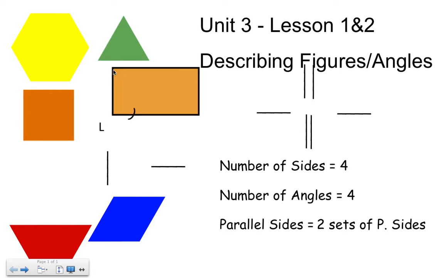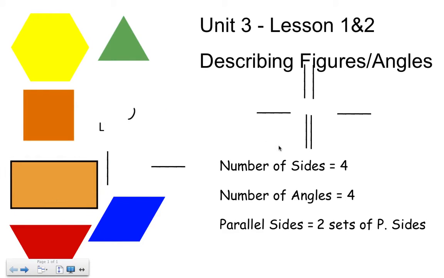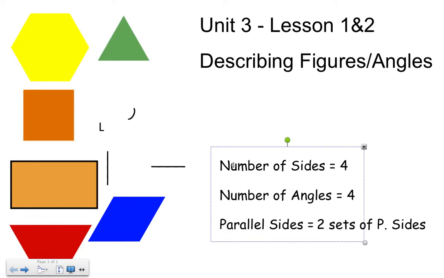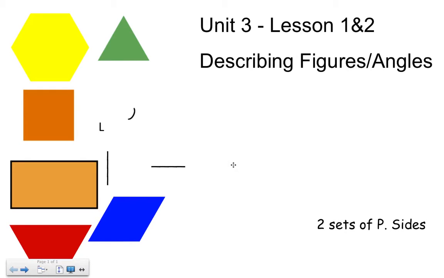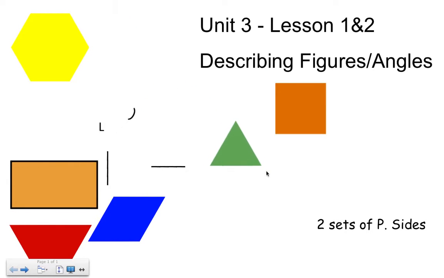Now what we're going to look at is angles. We're going to look at some angles here and how we describe angles. I will use a square first, and then I'll do this one here. Whenever we talk about angles, we have a couple things.